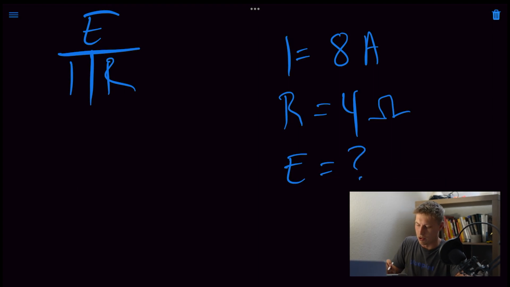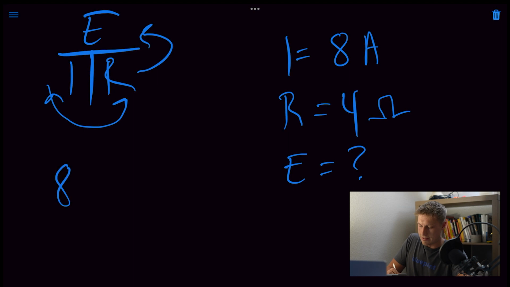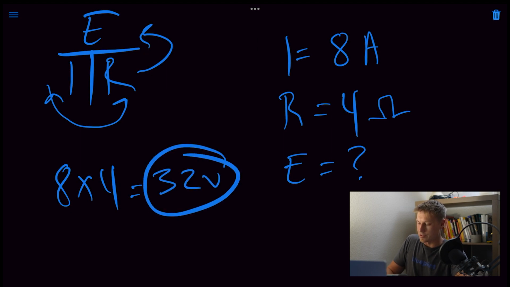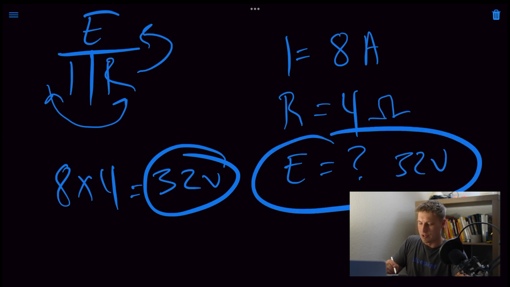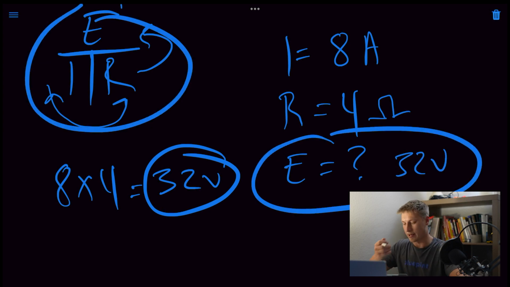Well, we know I times R equals E. So we just do 8 times 4, and 8 times 4 is what? 32 volts is your answer. So E equals 32 volts. And you just use this whole equation to figure anything out.